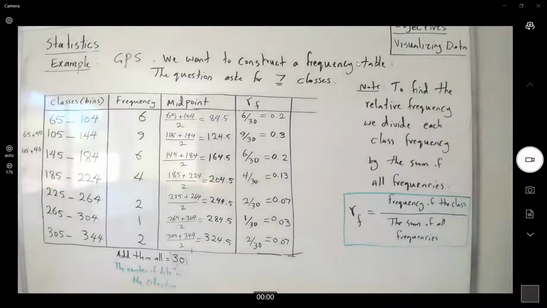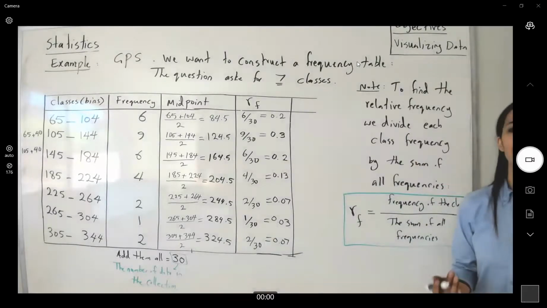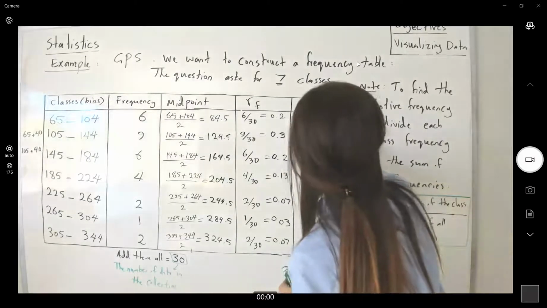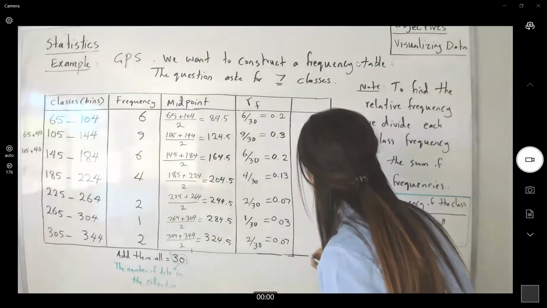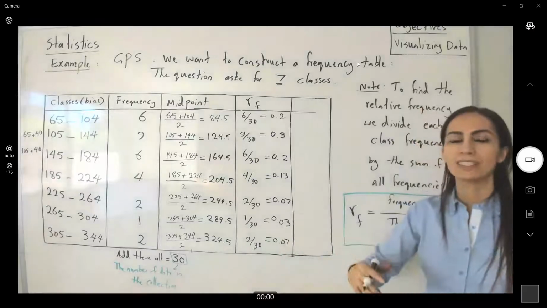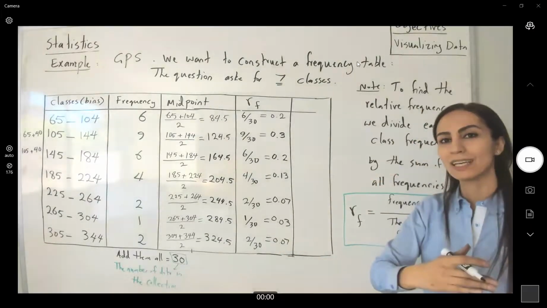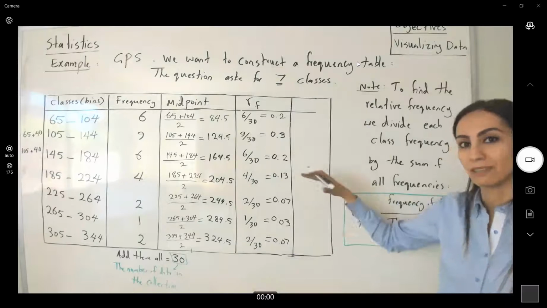And the last column is cumulative frequency. So let us write this right down here. Cumulative frequency is very easy. We just add the frequency of classes together as we go along.